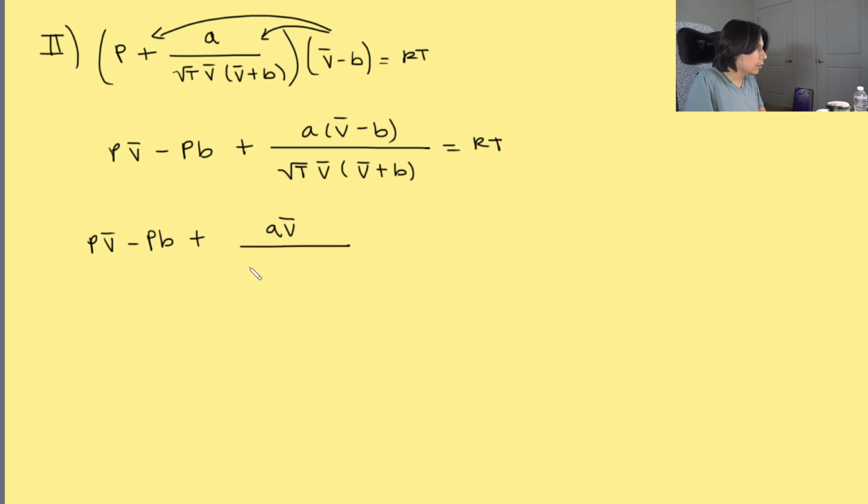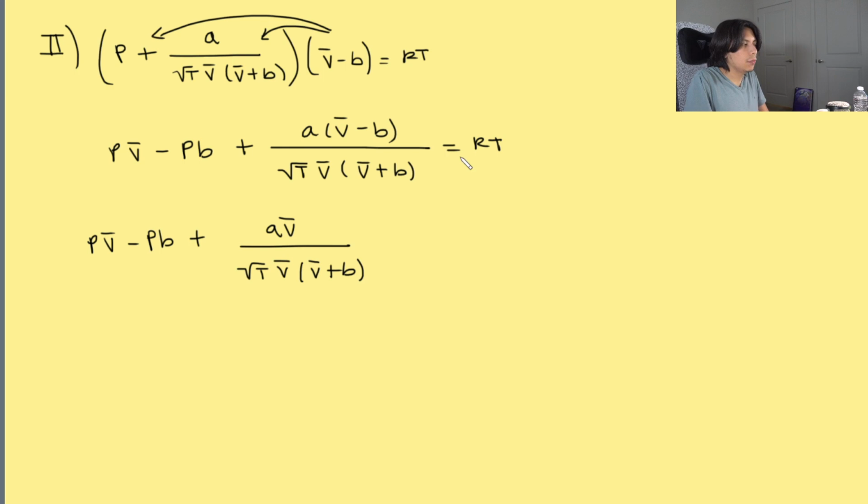As you can see, the main gist of this is just expanding the equation until we can see some form that we can somehow algebraically simplify. So we're just going to continue distributing everything we're seeing. And so this term right here is really AV bar minus AB.